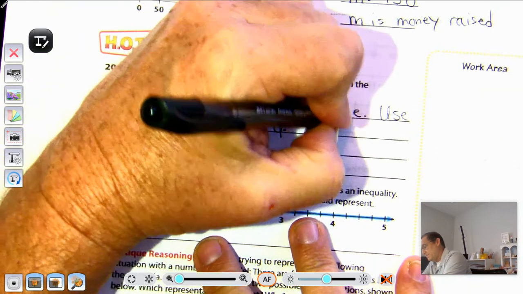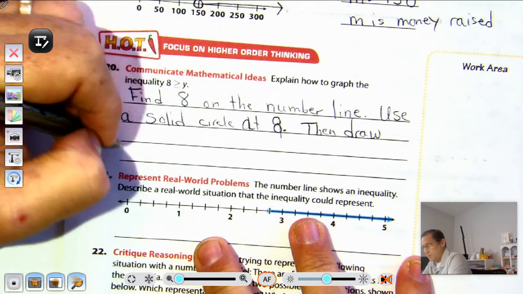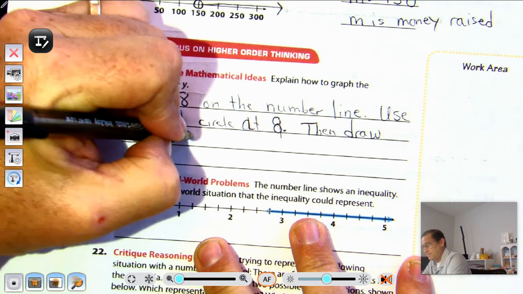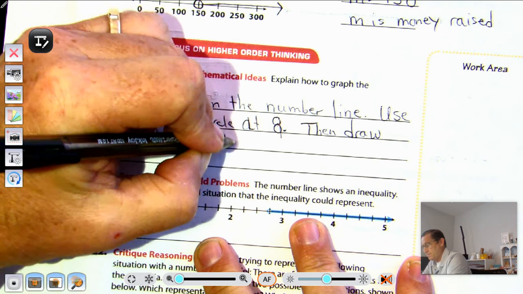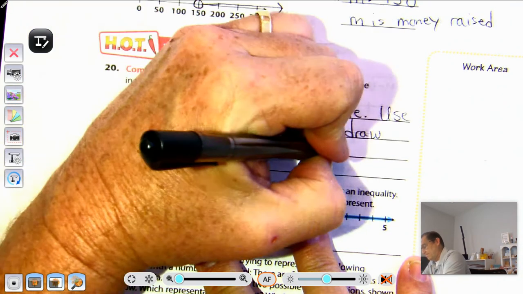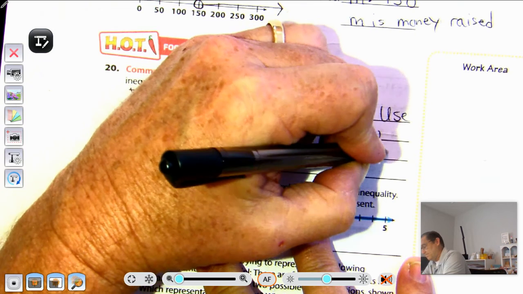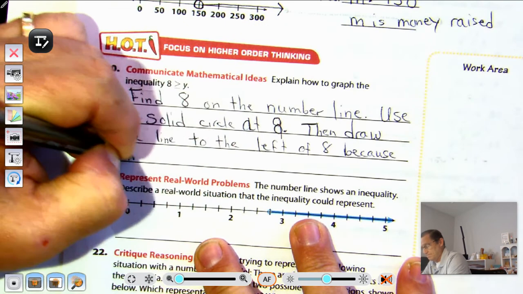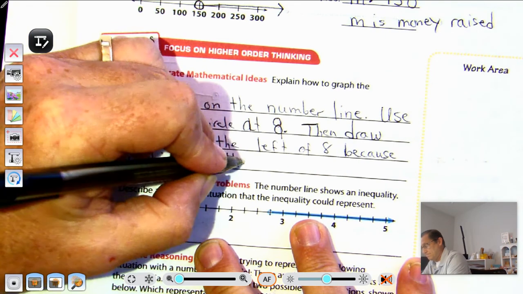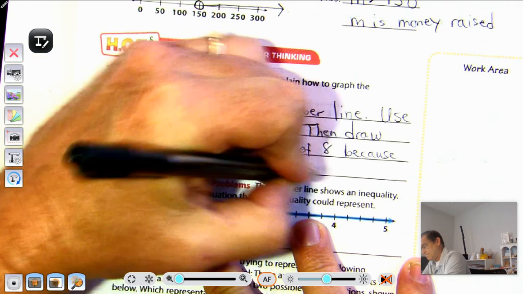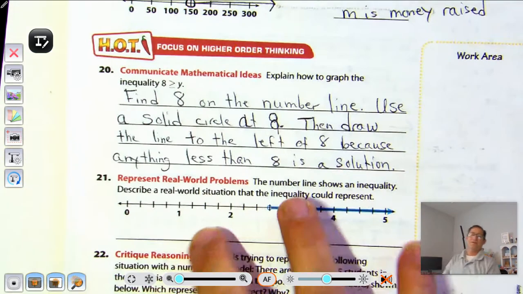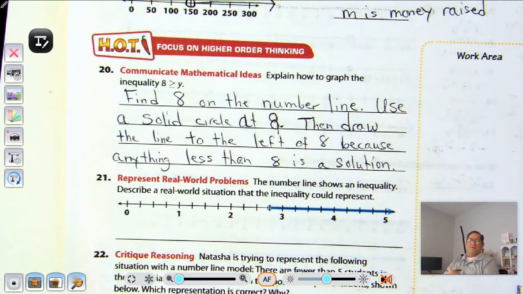Okay, then draw the line to the left. Find 8 on the number line.